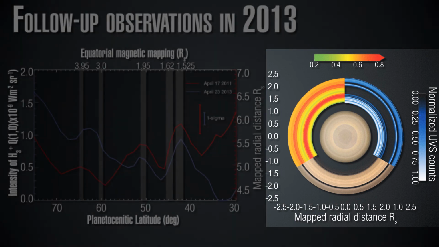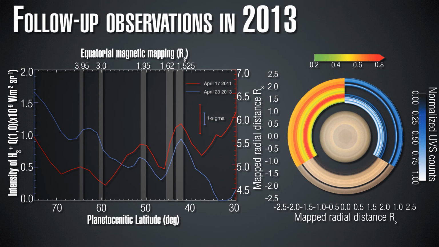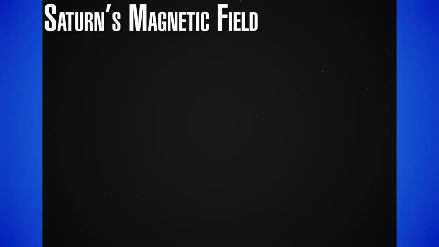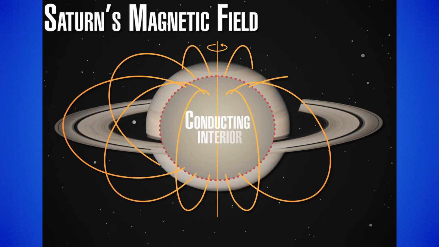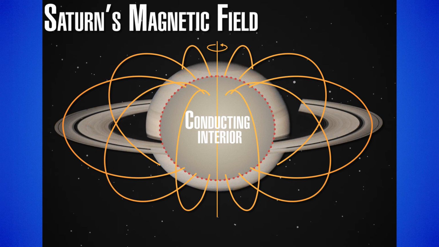Okay? So here's the diagram of Saturn's magnetic field. This does a better job of explaining what I was trying to highlight, which is that Saturn's magnetic field lines essentially come out from the planet and then go through Saturn's ring plane and then go back into the planet.